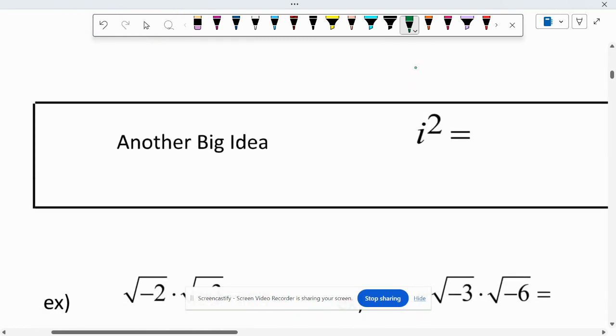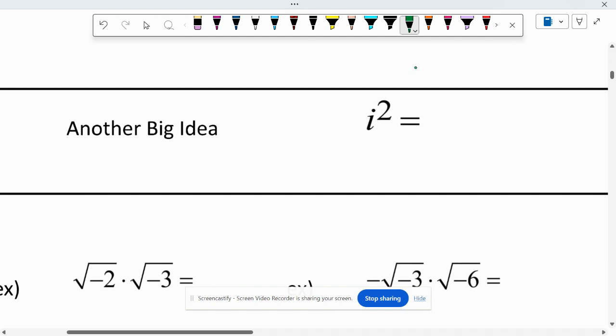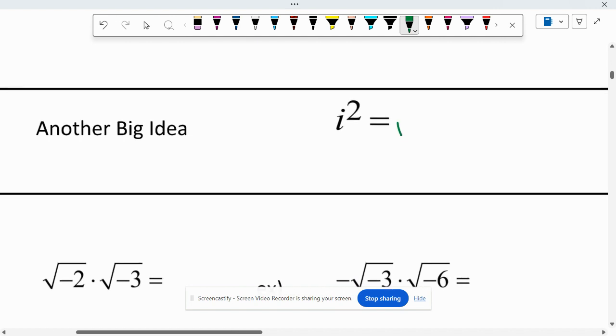So another big idea is the whole idea of i squared. So let's see. i is the square root of negative 1. And if I square that, that's the square root of negative 1 times the square root of negative 1. But I know that if I take any number underneath a radical and multiply it by that exact same term underneath the radical, it just becomes that number.